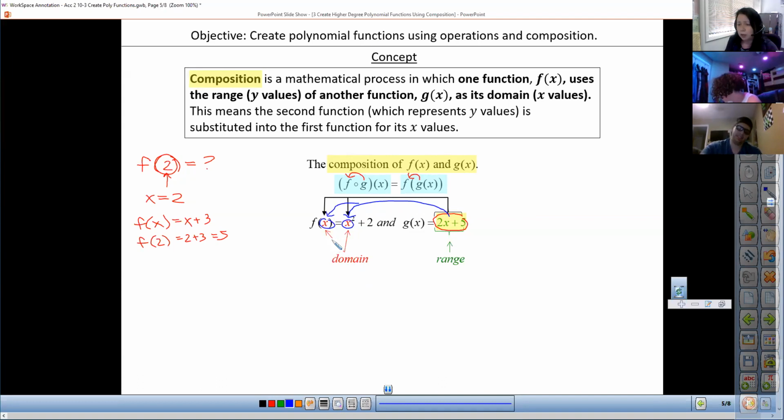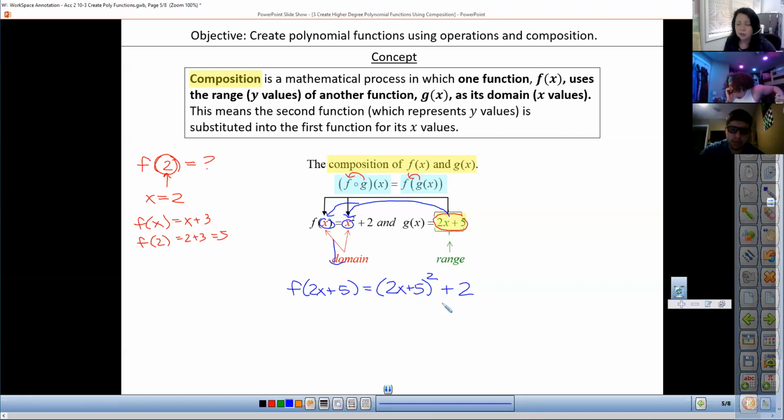So what it would look like would be f of 2x plus 5 equals the quantity of 2x plus 5 to the second power plus a 2. So that's composition, a substitution of one function into another.